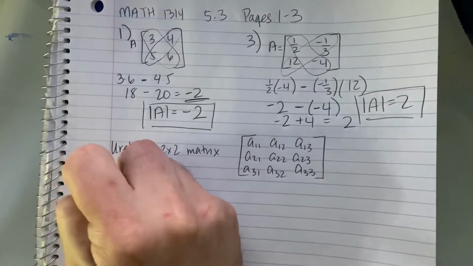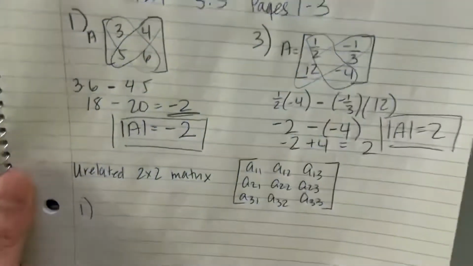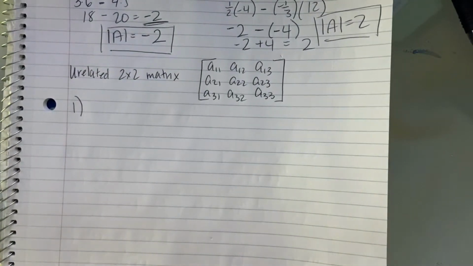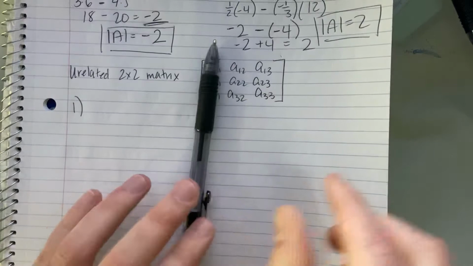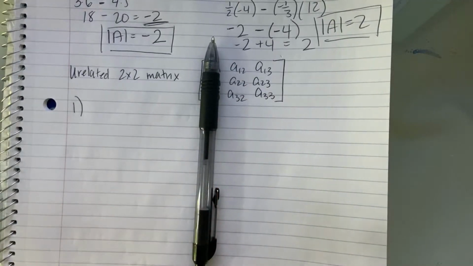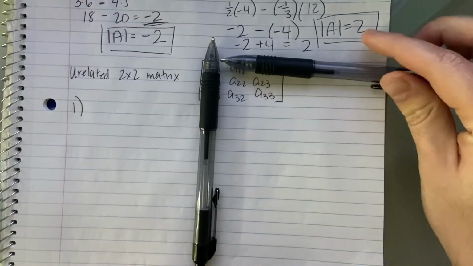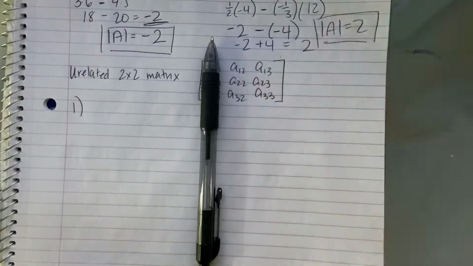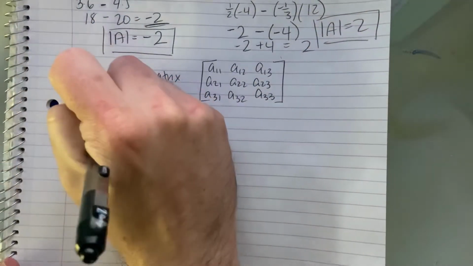If you look at number 1 there, it says, what is the unrelated matrix for A11? It's really asking you to cover up the row and the column for A11 and tell me what 2 by 2 is left. So when I do that, you see the 2 by 2 that's left. It's A22, A23, A32, and A33. So that's just the answer.